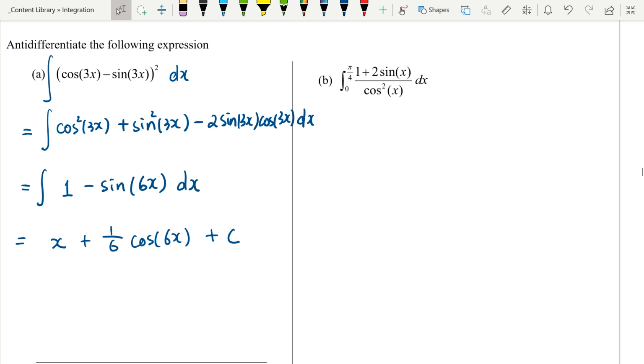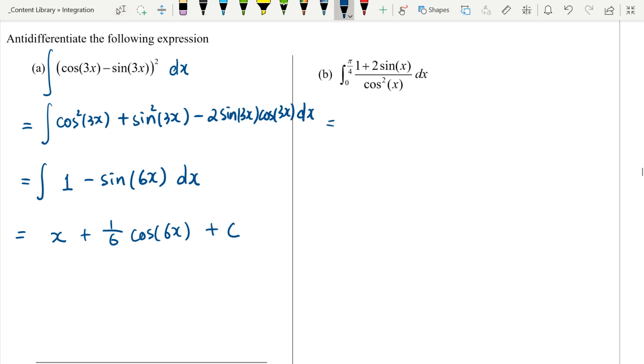So when you see fractions, the first thing you may think about is to separate them. I'm not going to put the 0 and pi/4 in, I will just separate them. So we will have that, and that. I can put in the 0 and pi/4 later; we'll do the substitution later.